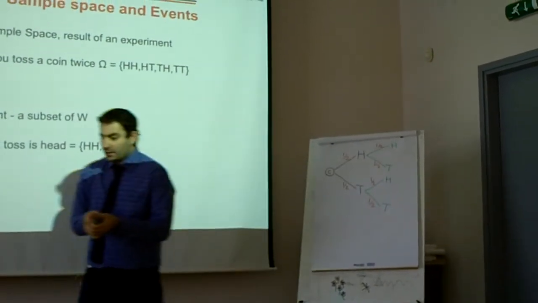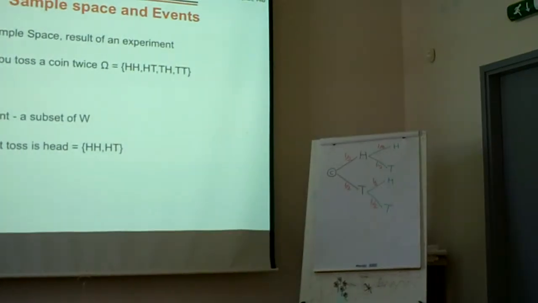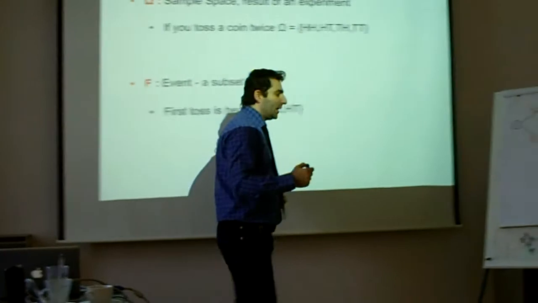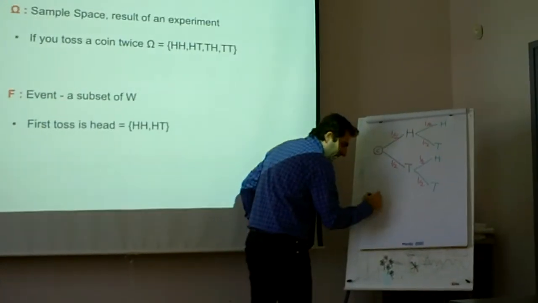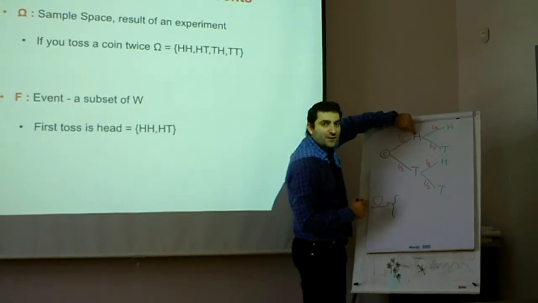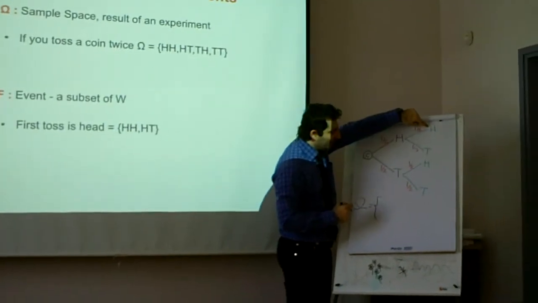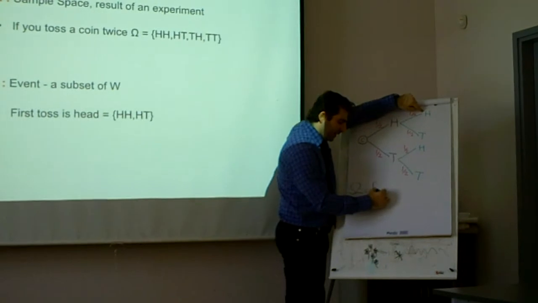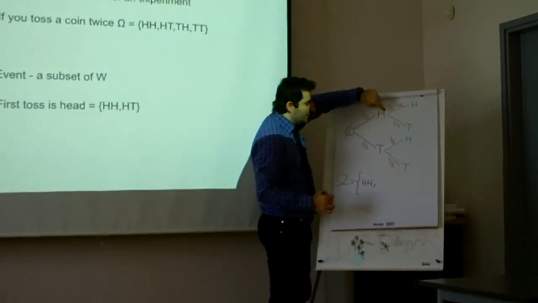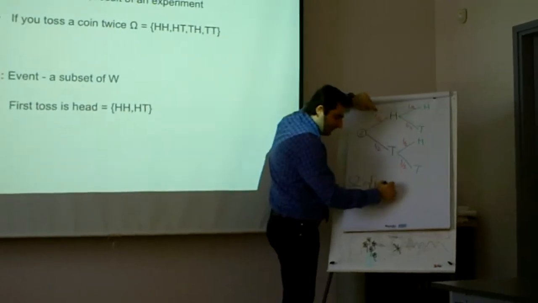Now, the question is, if I am tossing the coin twice, what is the sample space? In other words, what is the omega? Now, I know that the first one can be head, the second one can also be head, so head, head. The first one can be head, the second one can be tail.